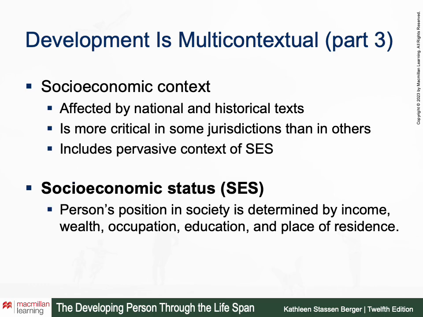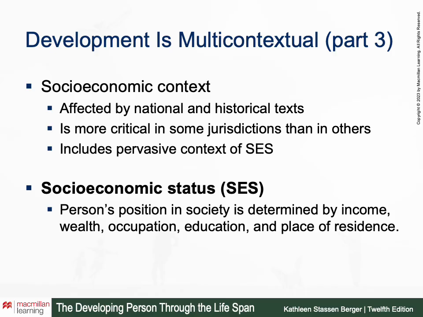There's also a really important aspect here of socioeconomic context, and you'll see there's a video in this week's assignments that really discusses socioeconomic status. And socioeconomic status is a combination of a person's position in society that's determined by income, wealth, occupation, education, and place of residence.